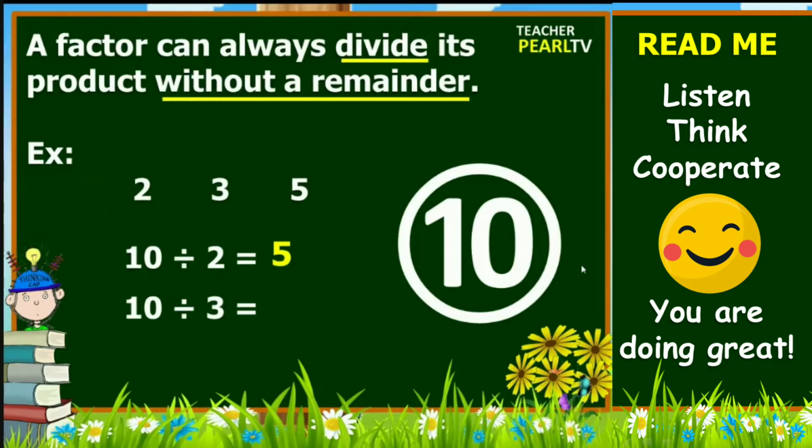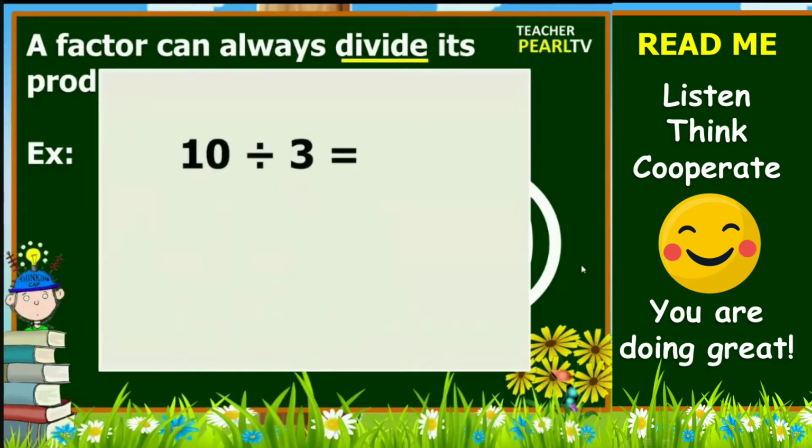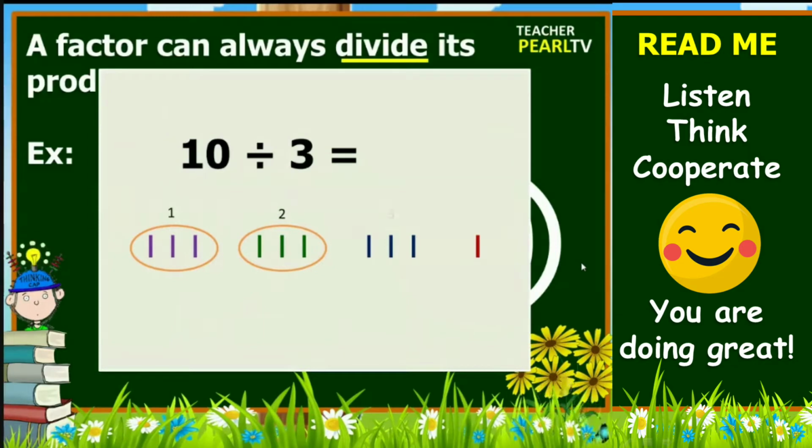Eyes on the screen. 10 divided by 3 equals. So let's use sticks to illustrate our answer. The sticks here are divided by 3. So let's count how many groups there are. 1, 2, and 3. 10 divided by 3 is equal to 3.